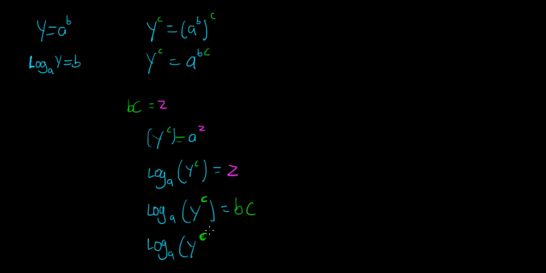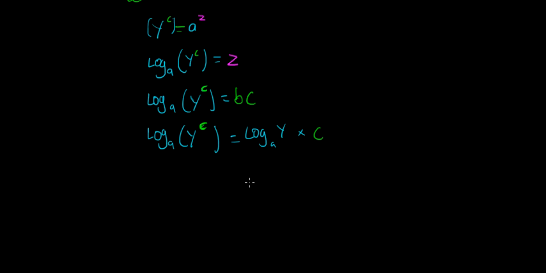Make this c over here green too. So log to my base a of y raised to the power c is log, instead of b, we put log to the base a of y, multiplied times our little green c, which again we can rewrite. We don't have to show this multiplication sign.